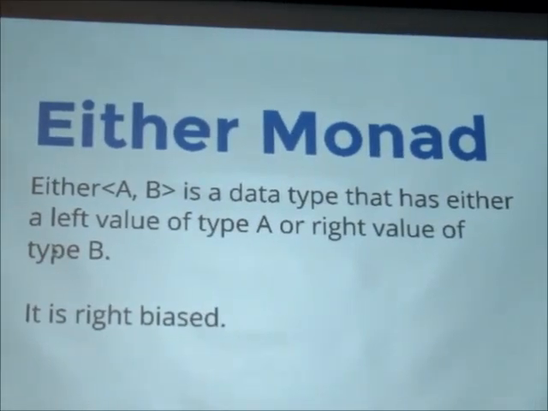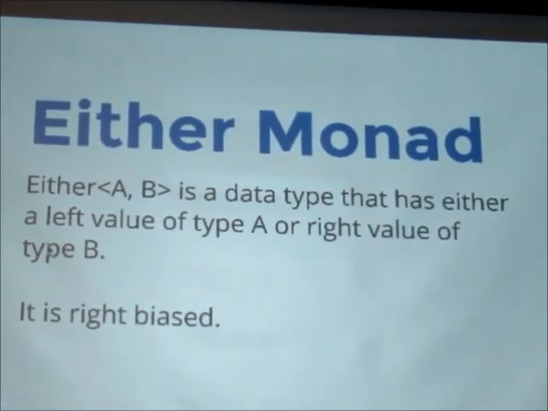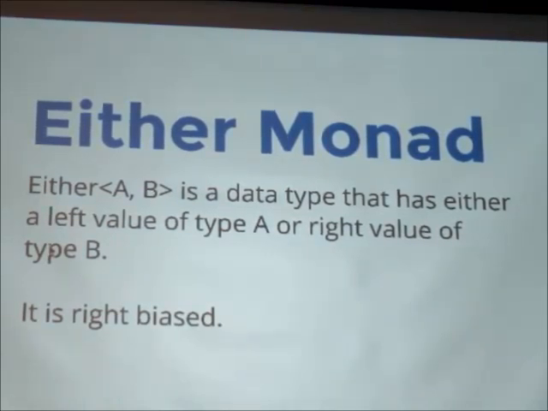Either is just an OR type that can either have a left-hand value of type A or a right-hand value of type B. And either is right biased. What does that mean? When you call map and flatMap on an either, it always operates by default on the right-hand side. You need to explicitly state if you want to operate on the left-hand side. And that's essentially all it is.